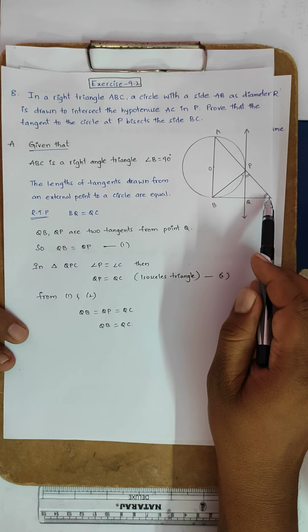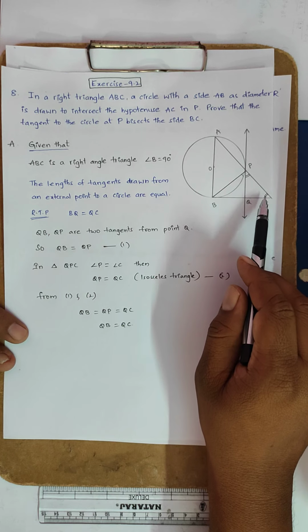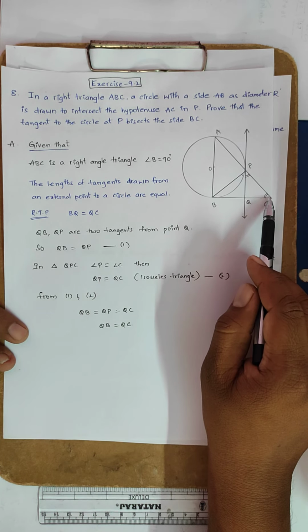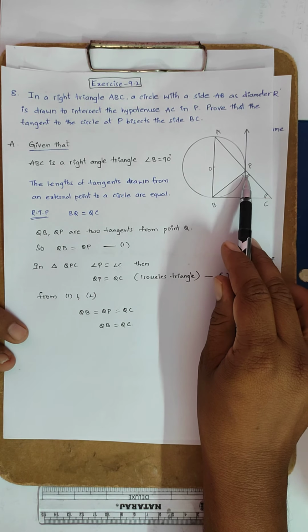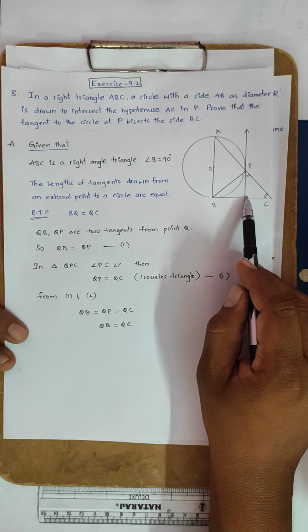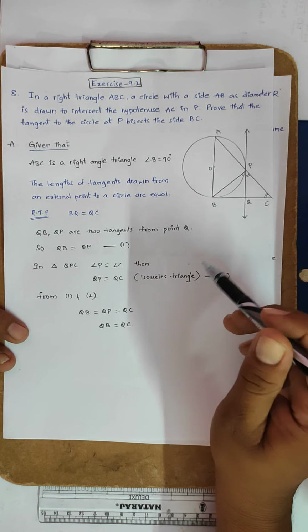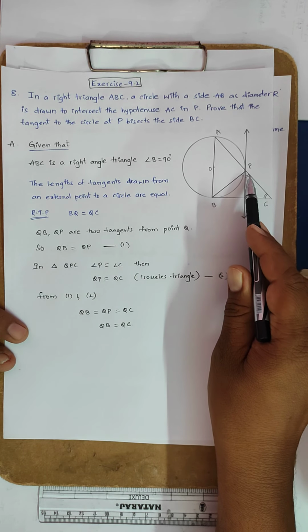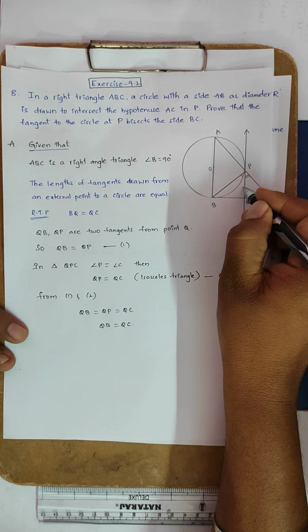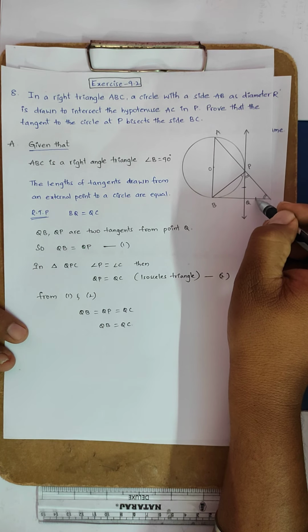By the property of isosceles triangles, sides opposite equal angles are also equal. Now angle C is opposite side PQ, and angle P is opposite side QC. So PQ and QC are equal using the isosceles triangle property.